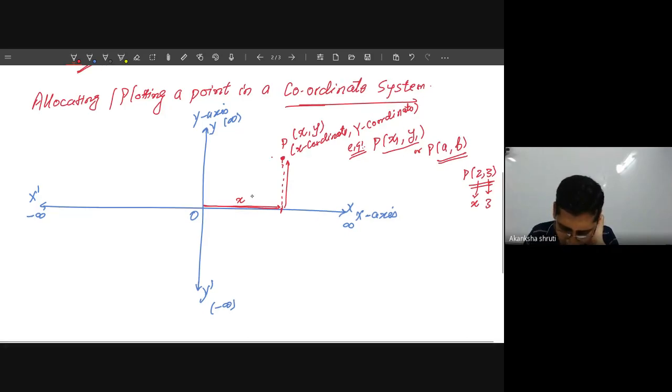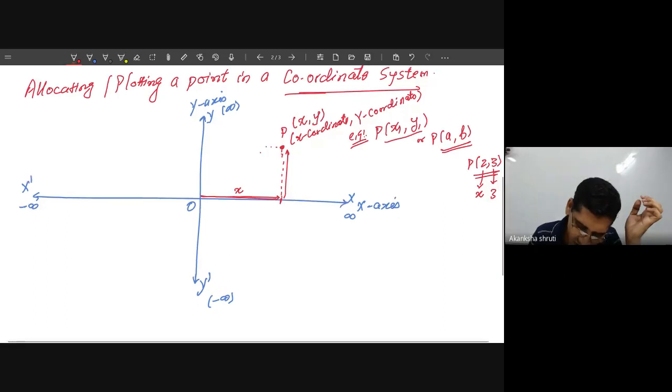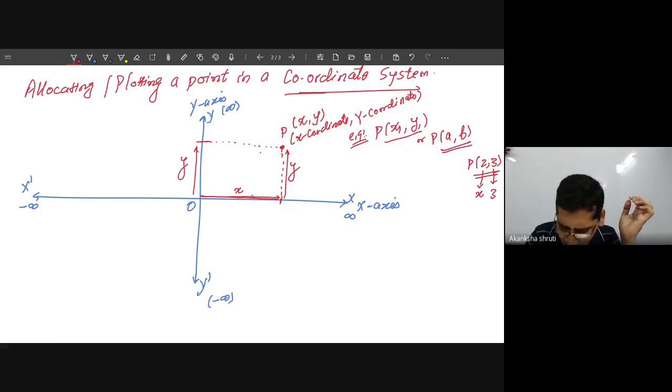You can verify that by drawing a horizontal line parallel to the x-axis, which cuts the y-axis. Where it cuts, that is the same y. So whatever this x and y are, that is the value.